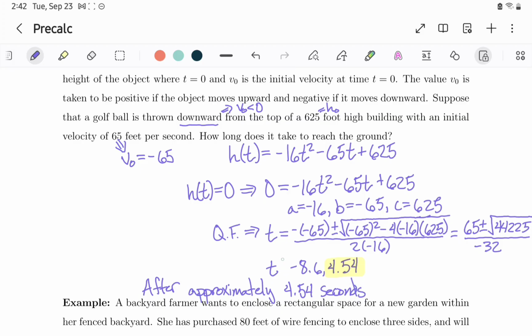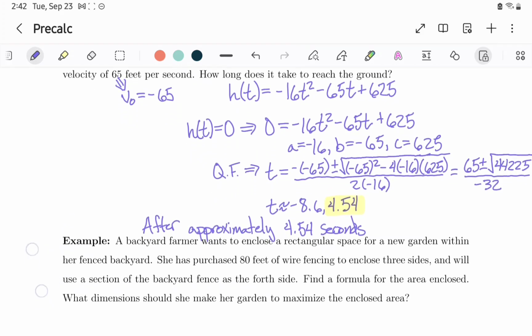And by the way, not sure if I've mentioned this before, but if you ever see the wavy equal sign, all that means is it's an approximation. It's not like t is exactly equal to this value.